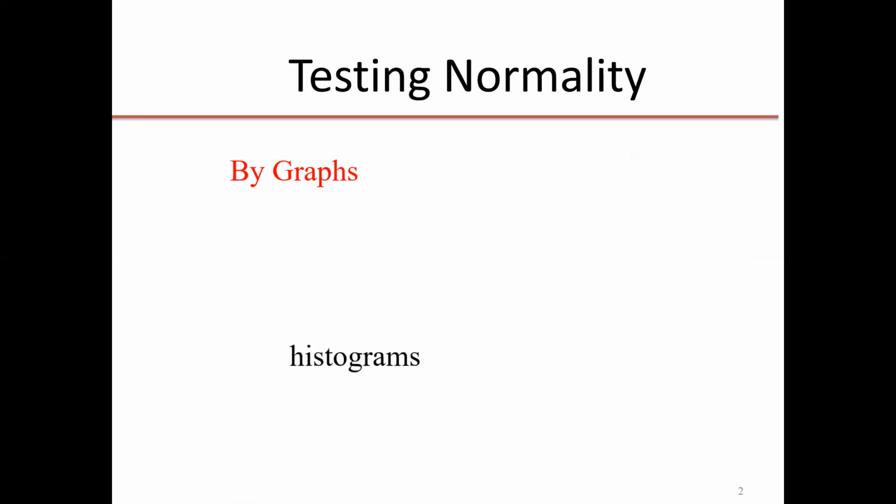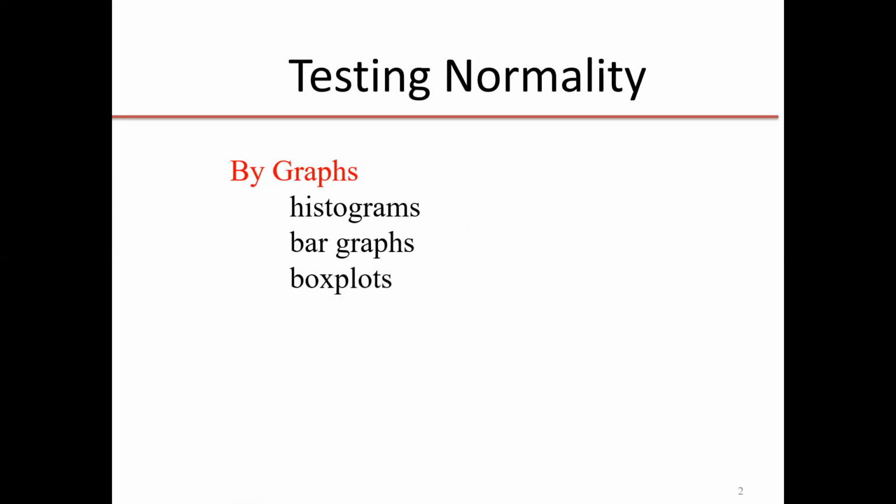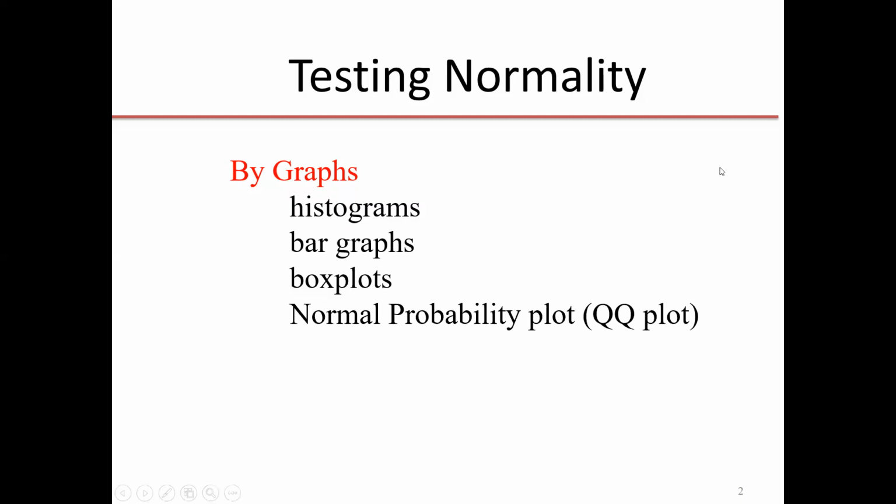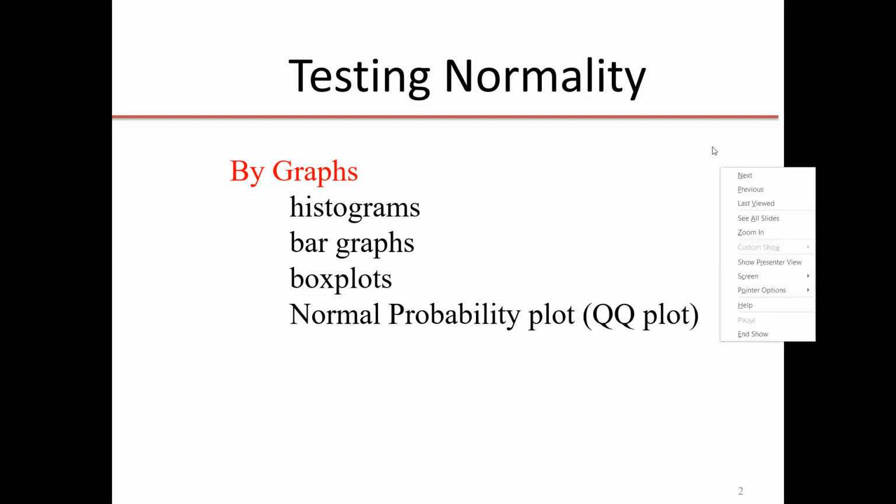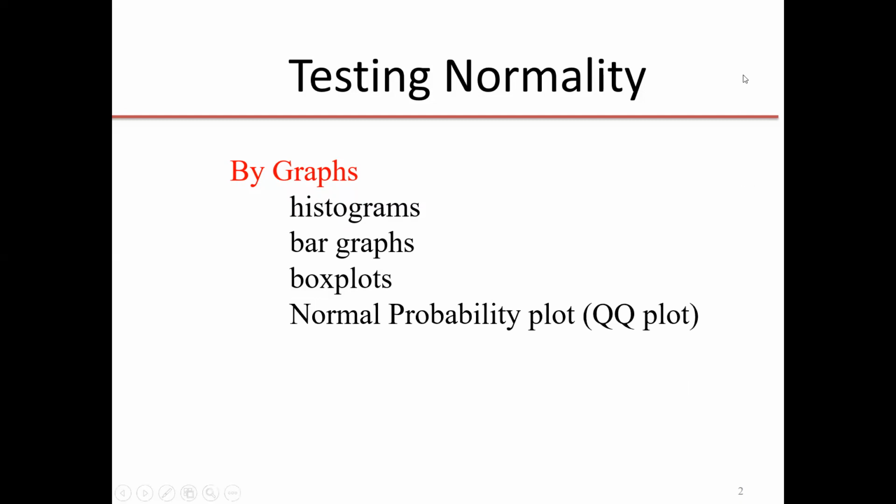What graphs are needed? We can test the normality by histogram, bar graph. Bar graph is not included. Box plot and normal probability plot. So we have to exclude the bar graph because it is not in the list.